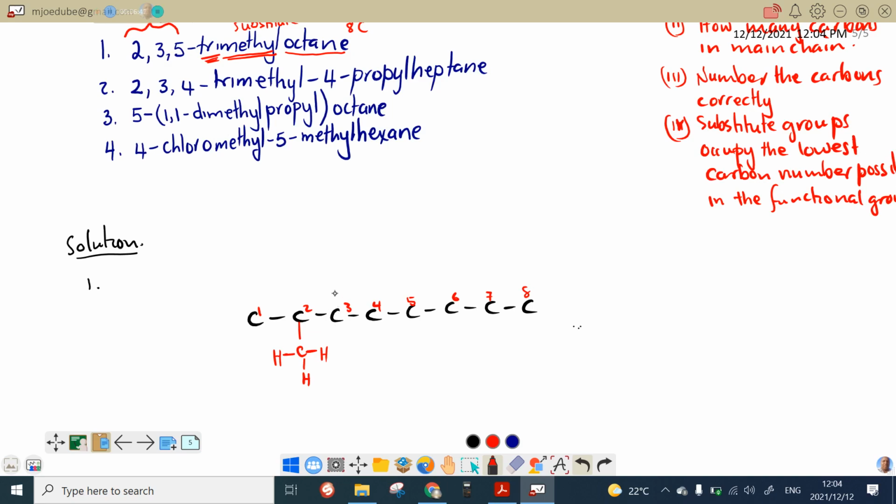I can put it here on top, it doesn't really matter, but for space and clarity I'm going to put it on top. It's another methyl group identical to that one, with a carbon and 3 hydrogens. And remember, at all times count tetravalency around the carbon. Then I've taken care of 2 and 3, and then position 5. In position 5, I've got another methyl group.